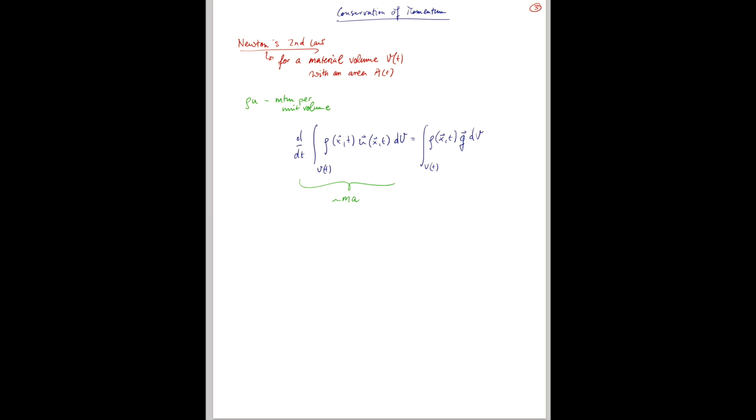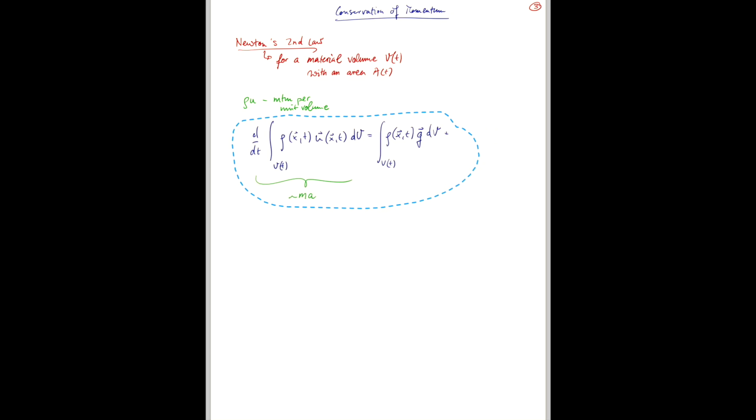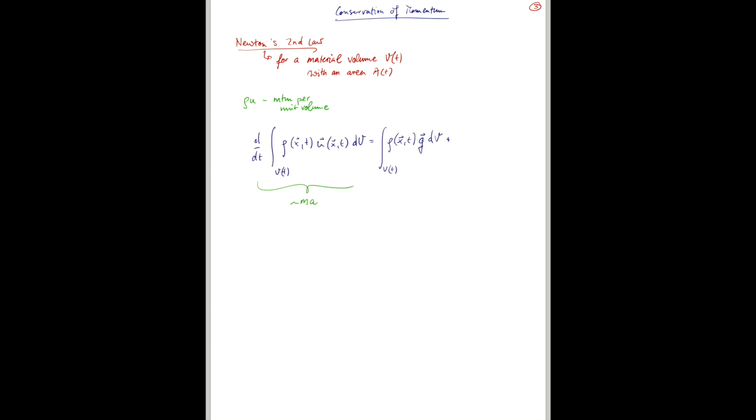And so that has to be integrated over the volume, plus the integral over the surface forces, let's call those F. And surface forces will also depend on the normal of the surface, and x and t, dA. So these are body force and surface force.